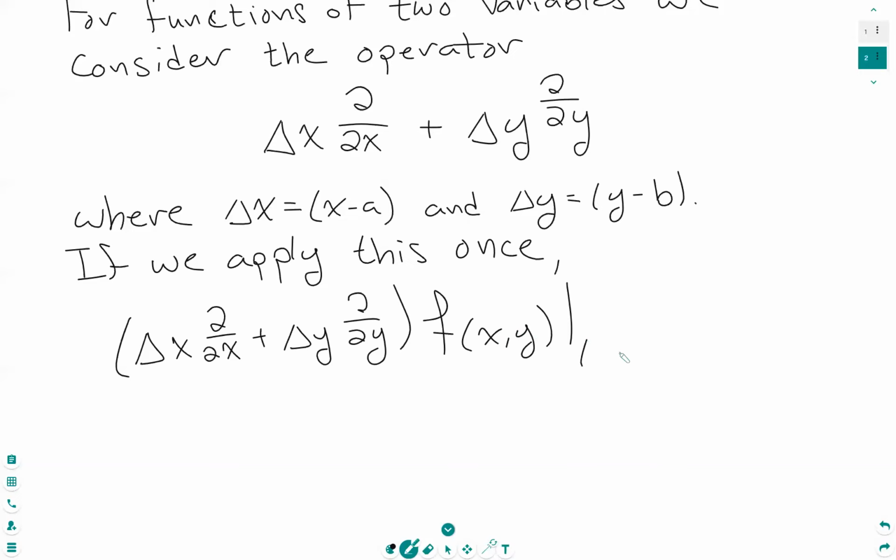And then what I want to do is once I act on f, I want to evaluate at x, y equal to a, b.